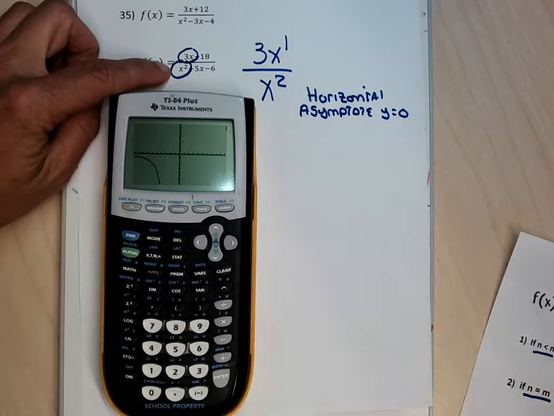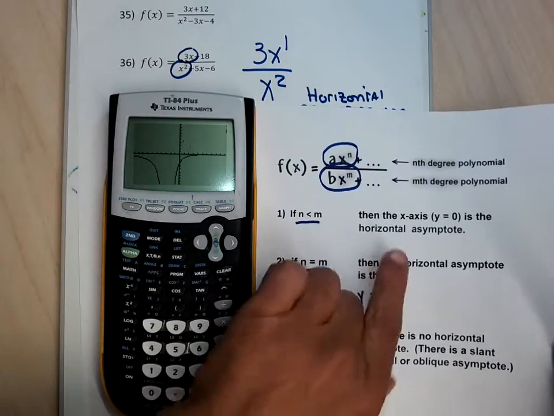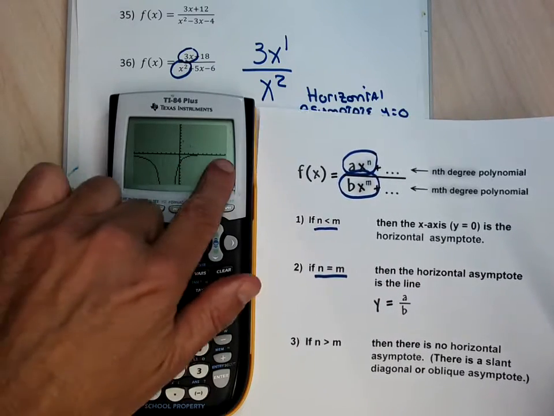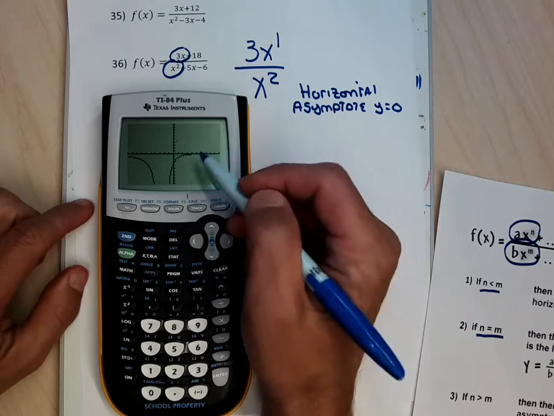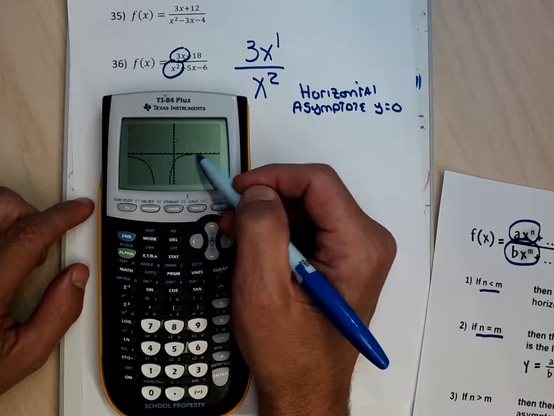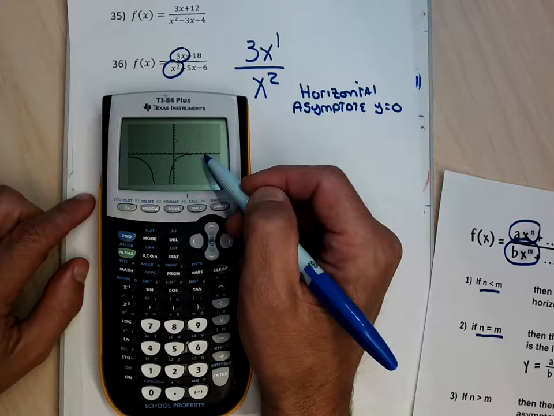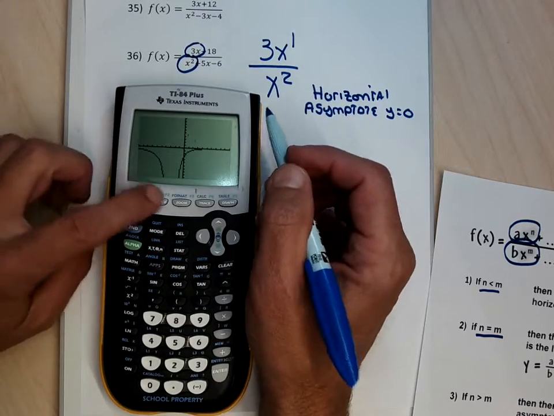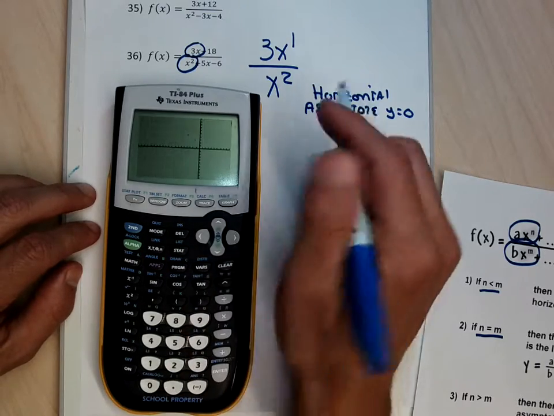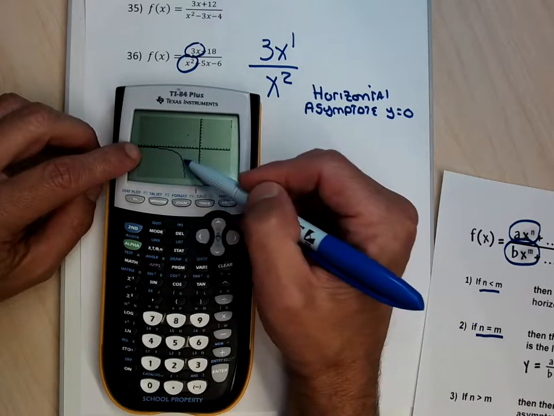And the x-axis is going to be the horizontal asymptote. So this graph should get really close to the x-axis as we go far to the right and far to the left. Already, even at x equal to 4, the graph is indistinguishable from the x-axis on my calculator. If I went a little bit further off to the left by changing my x-min to maybe negative 20, the graph is going to get really, really close to the x-axis.